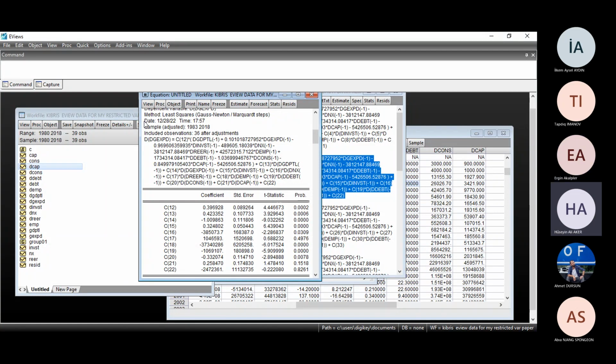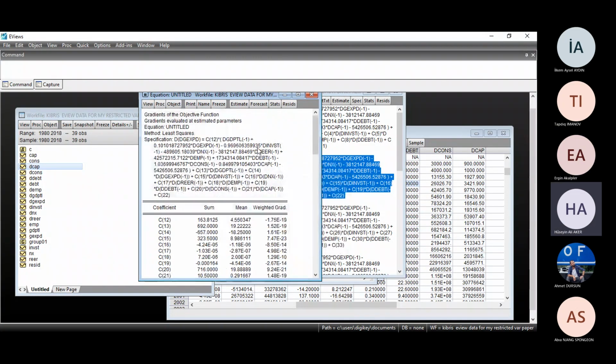Yes, go ahead, Hocam, please. These C1, C2, C3, what are they? Are they co-integration equations? No, co-integration can be skipped. This is then the number of the effect of the parameters, which are the long run coefficients of the model, which are affecting and correcting the second equation.